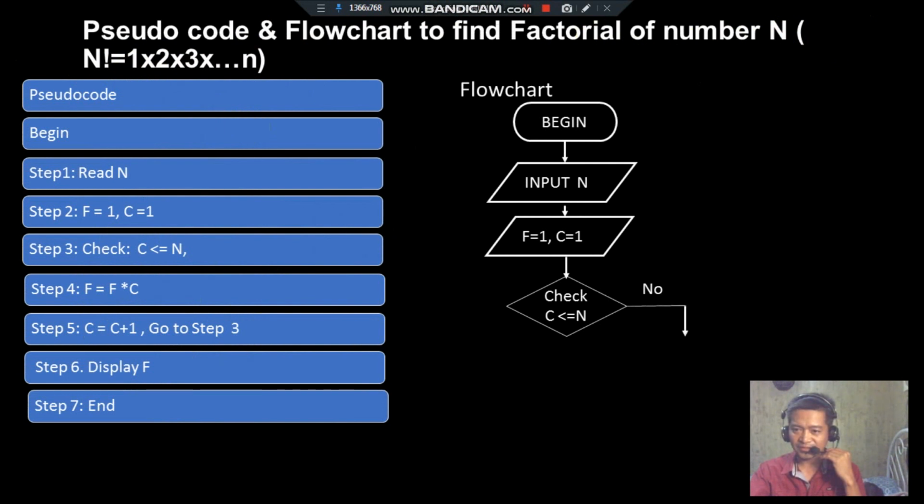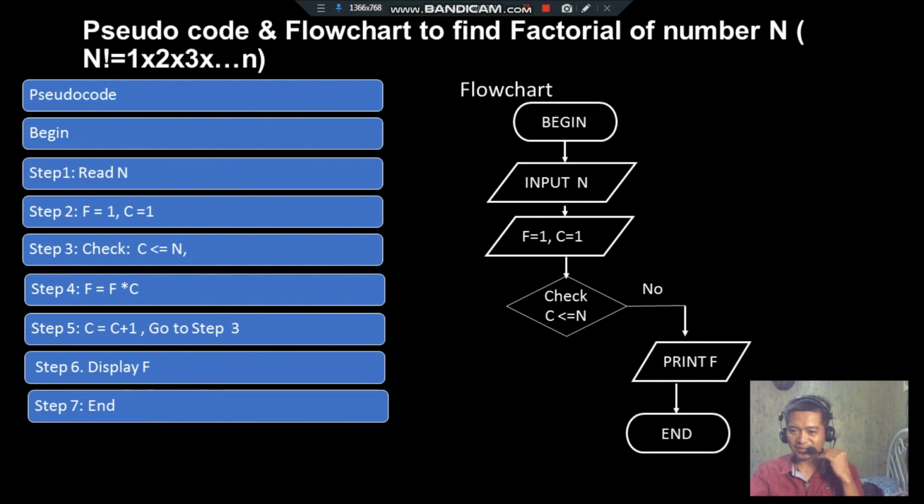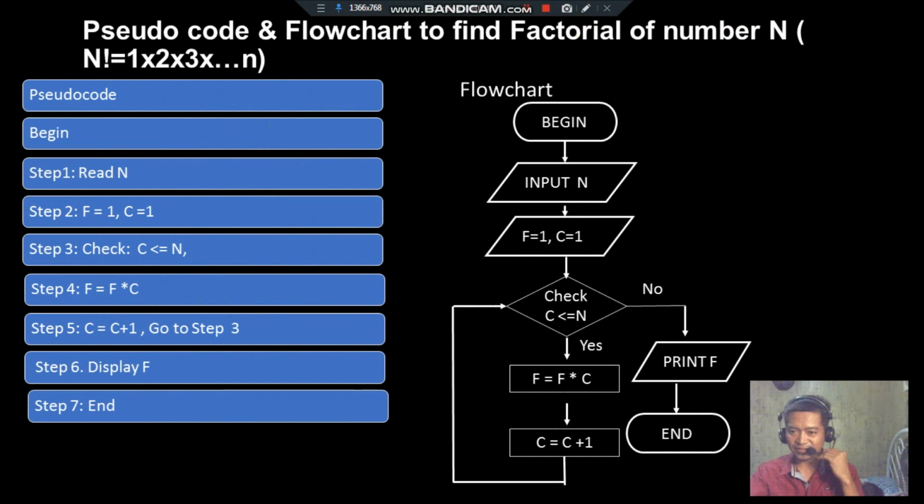If it's no, ibig sabihin, print F ka na. Ibig sabihin, greater than na siya. Habang less than naman siya, yes, compute mo muna yung factorial. Yan. So, tapos, update natin yung counter, tsaka bumalik doon.